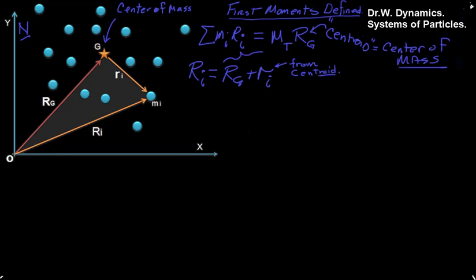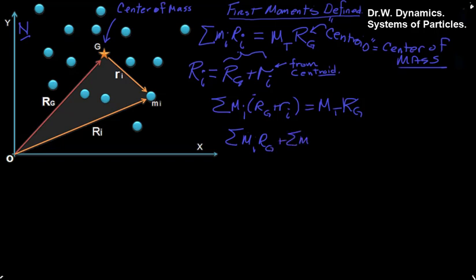If we substitute that in for Ri, we get, and we can distribute this as the sum of the mi Rg plus the sum of the mi ri, where here Rg is a constant and it can be lifted out of the summation. And the sum of the mi's will be m total.